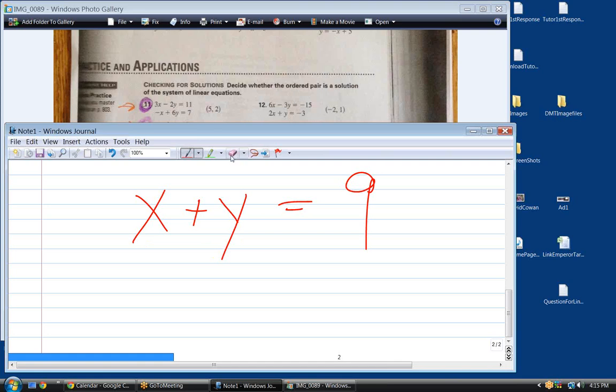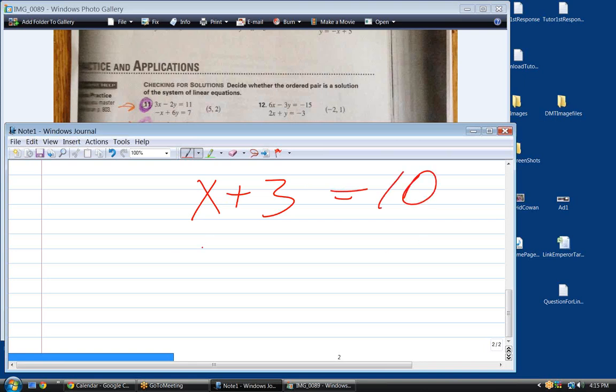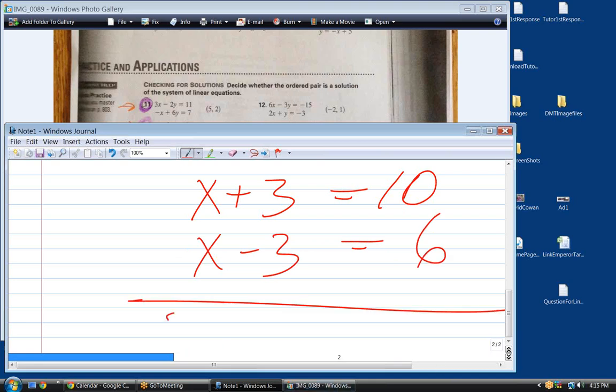One of the rules of math says that you can add or subtract equations. In other words, if I have x plus 3 equals 10, and I have x minus 3 equals 6, I can add those two equations. Well, that's 2x. 3 plus minus 3 is 0.